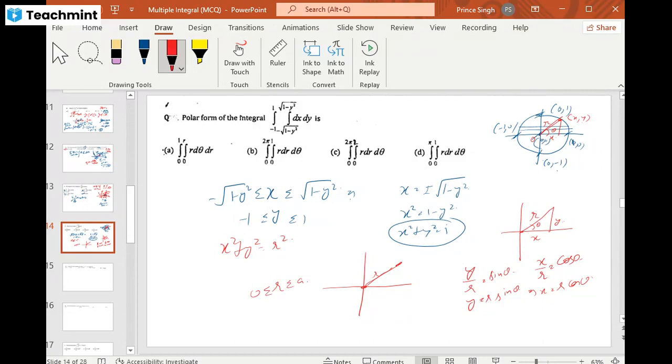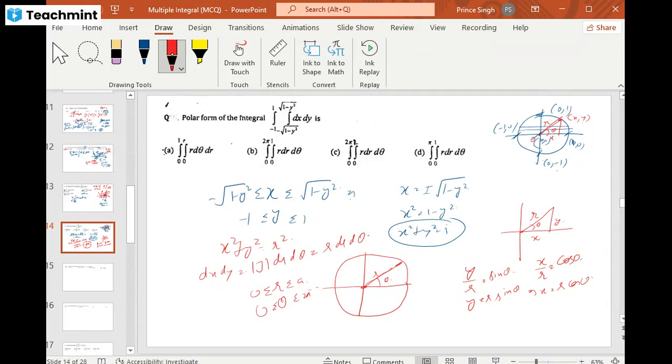Then we rotate this line from the x-axis, and to complete the circle we need to rotate the angle theta from 0 to 2 pi. And in one of the problems we have already discussed that in polar form, dx dy is equal to the Jacobian of transformation times dr d theta, and the Jacobian of transformation is r.